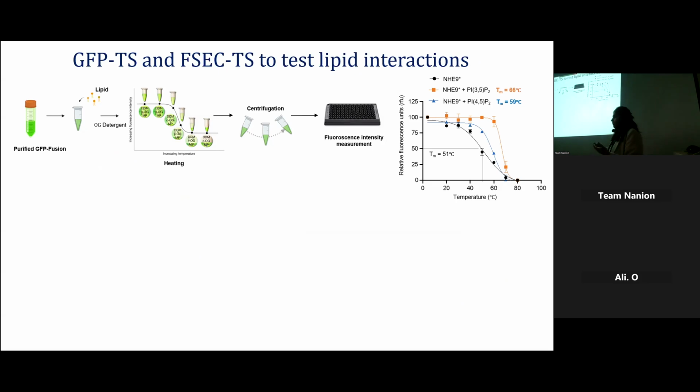After heating, you spin the sample for around 45 minutes, and you measure the fluorescence intensity. We could see clearly that the apparent Tm obtained for NHE9 was around 51 degrees. In the presence of lipids, the Tm shifted to 59 degrees with PI(4,5)P2, and with PI(3,5)P2, it shifted to 66 degrees.